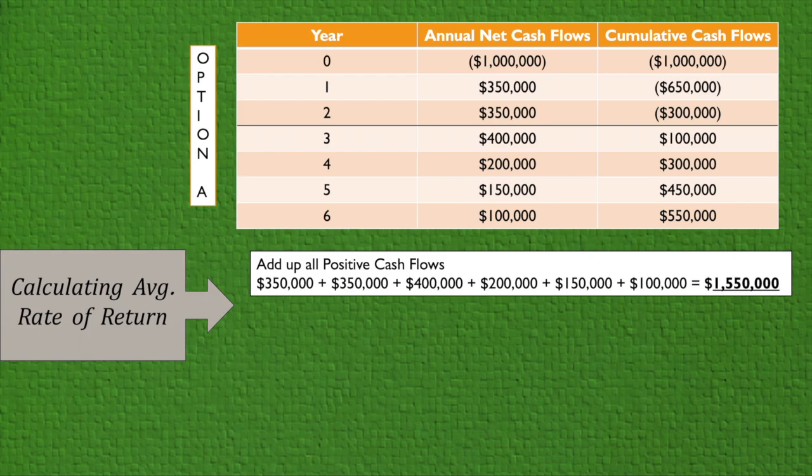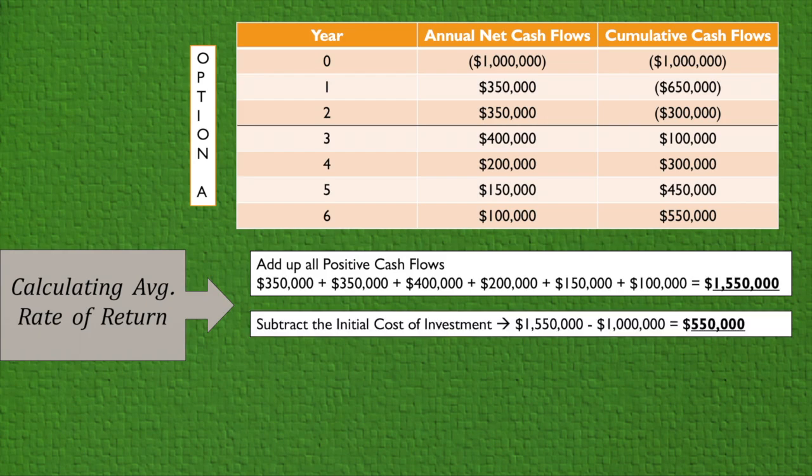In this case, we get a total of 1,550,000. These are all the positive cash flows we're getting. But we will need to subtract out the initial cost of the investment. So that has to be accounted for, and we arrive at $550,000. This is how profitable the investment is.